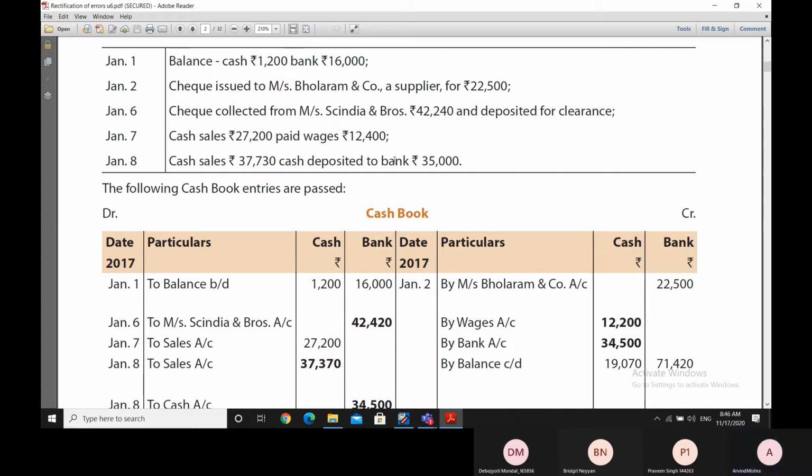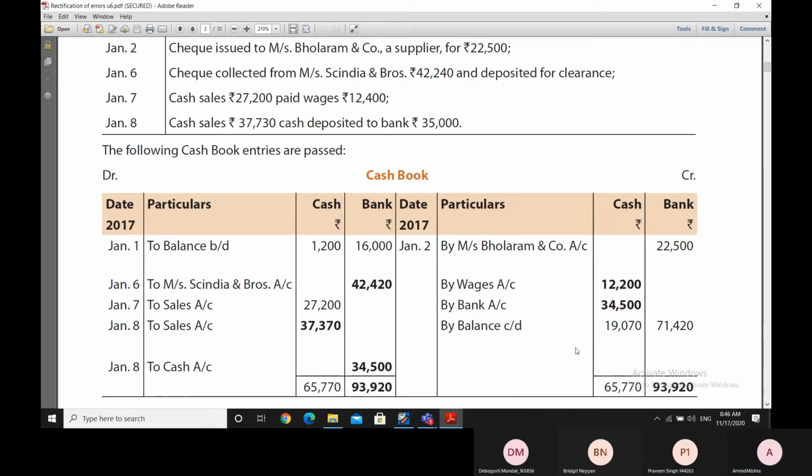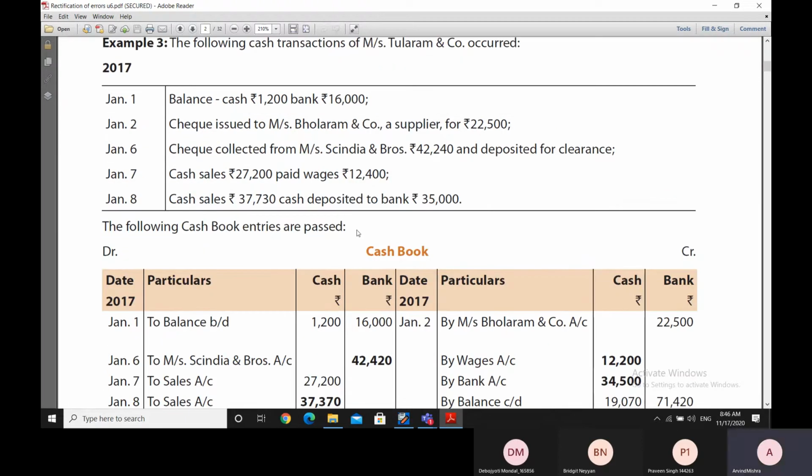Also, an amount of cash deposited in the bank, 35,000, is mentioned here as 34,500 by mistake. In fact, this 34,500 entry is coming two times, here also and here also, whereas we can see cash deposited only one time, 35,000 rupees.